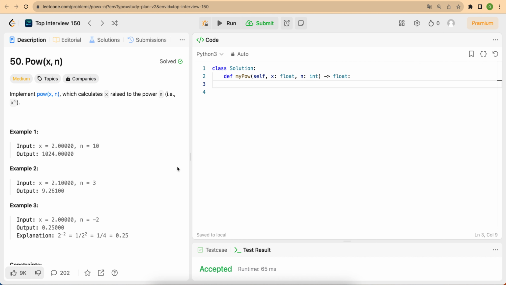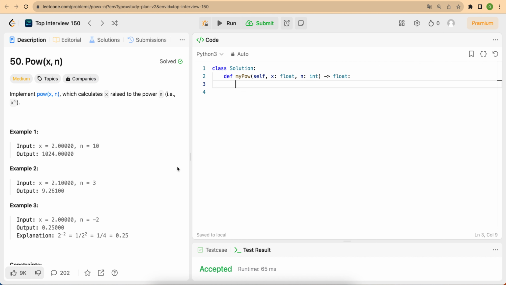So here we need to take several special cases into consideration. Like when x is equal to 1 or when n is equal to 0. So this is the base case we need to consider. And here we also need to be very careful because n might be a negative number, right? So here I want to use recursion to solve this question, and I will only consider when n is a positive number.